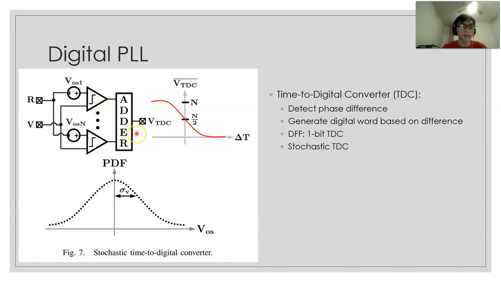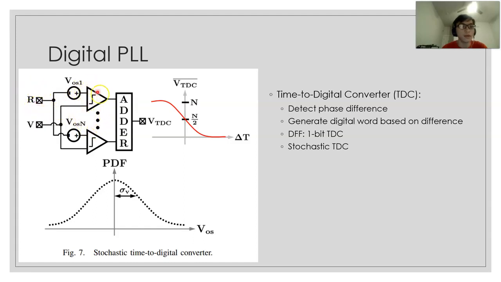Because the offsets are normally distributed, if R and V are aligned, then there is a 50% chance that the offset will make the reference faster, and 50% that it will make the reference slower.